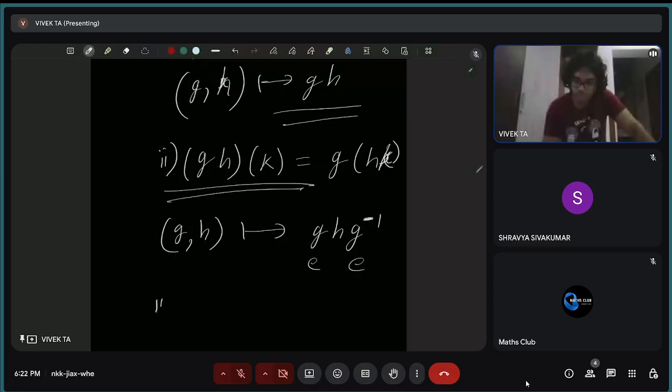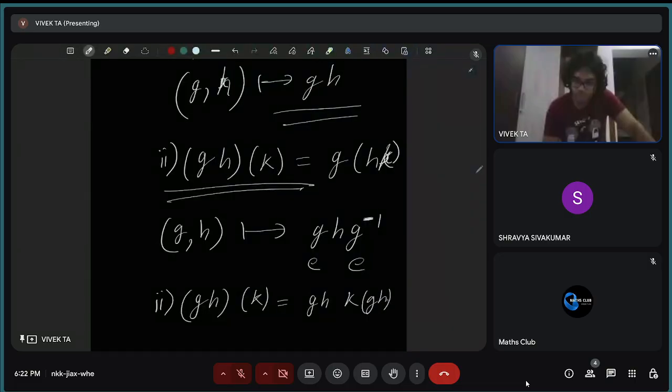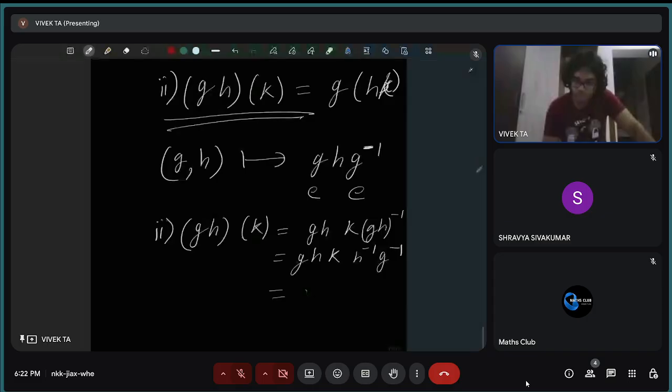Put E, and G is going to give me GHK inverse, which will give me G inverse.